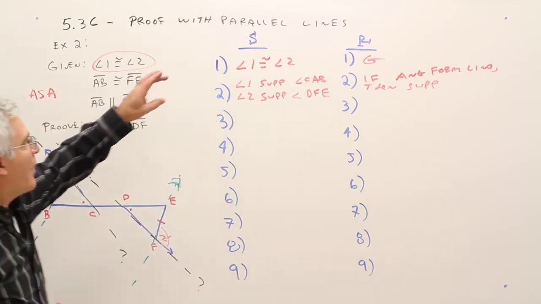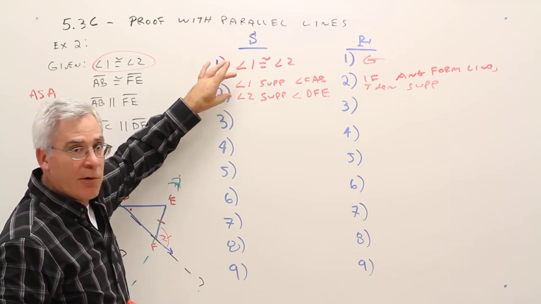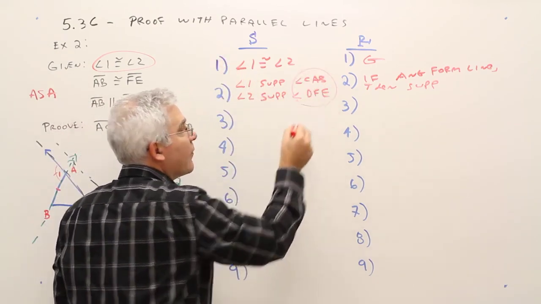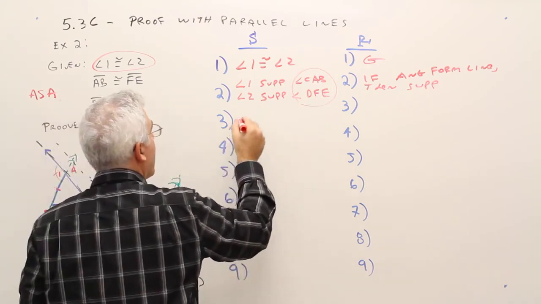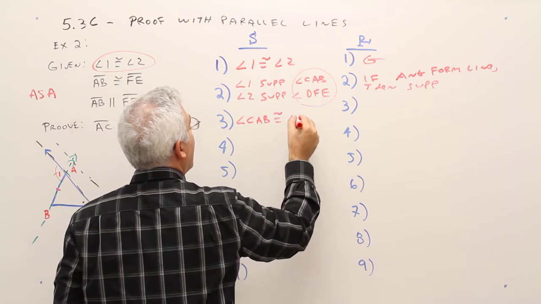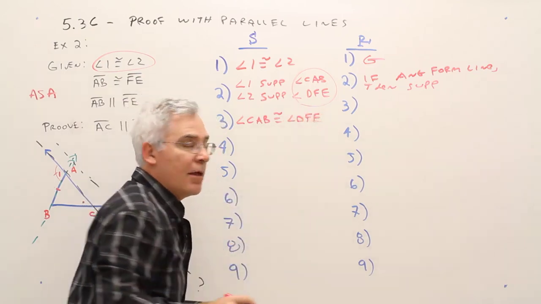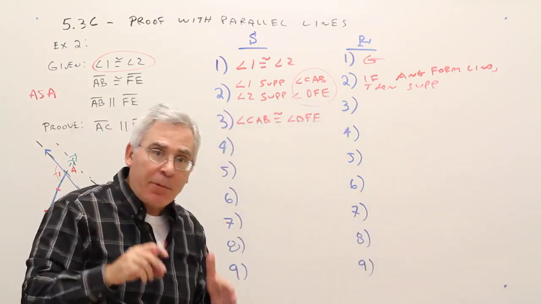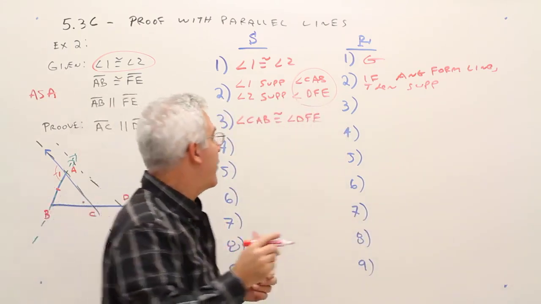Okay, so now I've got angles 1 and 2 congruent, and I get the supplementary. So now I'm going to have these 2 angles being congruent. So angle CAB is congruent to angle DFE. This is way back in chapter 1. If angles are supplementary to congruent angles, then they're congruent.